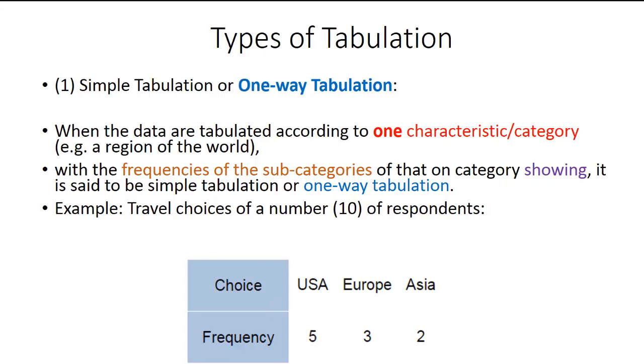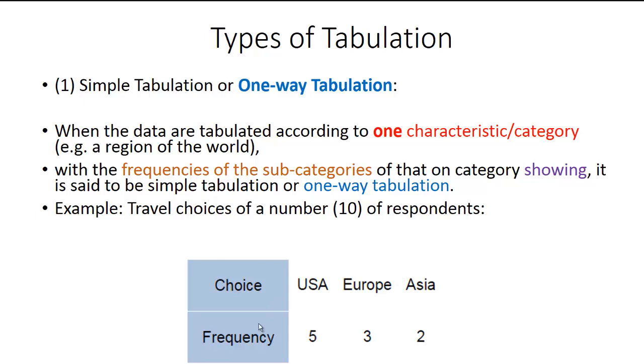Here's a very simple one-way tabulation. Ten people were asked where they would like to go on vacation. So there was one category within which we had 3 destinations, and 5, 3, and 2 add up to 10.